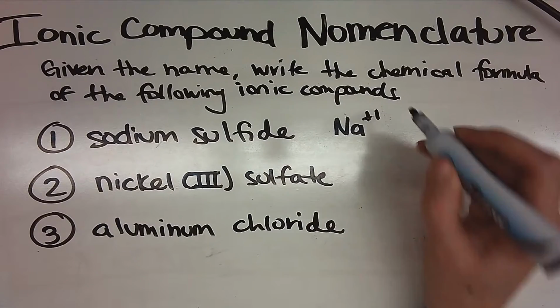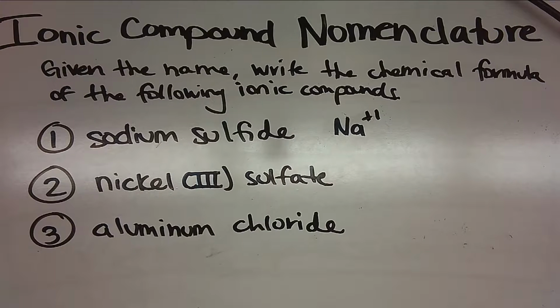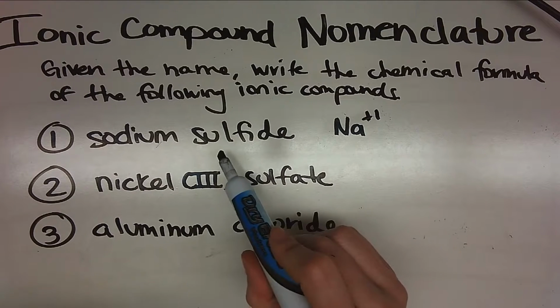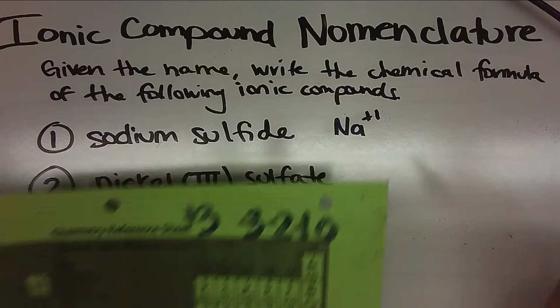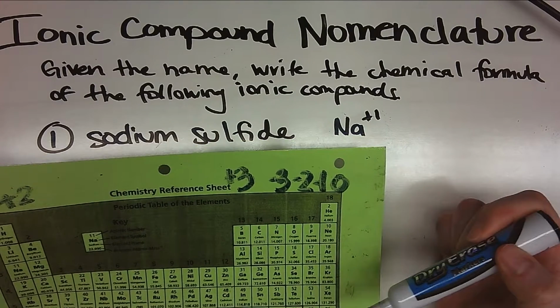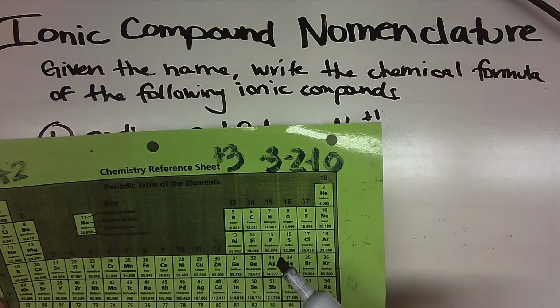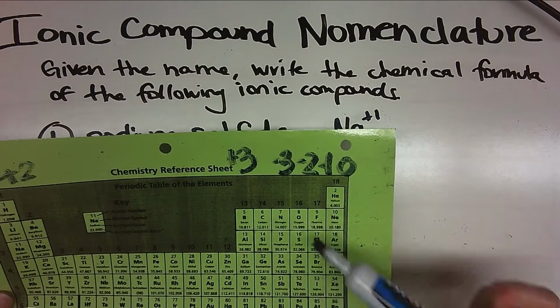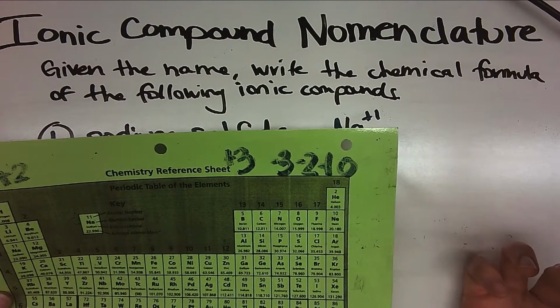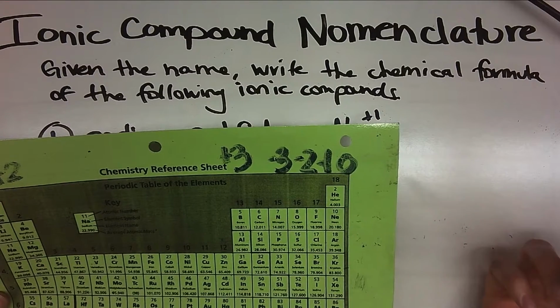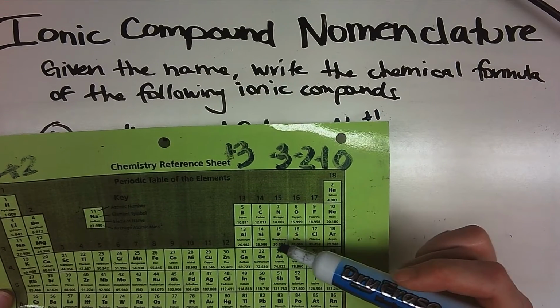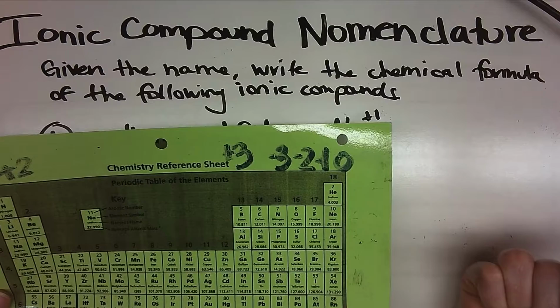So Na+1. Now sulfide, that's an anion. So I know it's definitely going to be over here if it's not polyatomic. Remember that when monatomic atoms become an ion, it's called an anion, and what happens is they keep the root of their word and add -ide to the end.